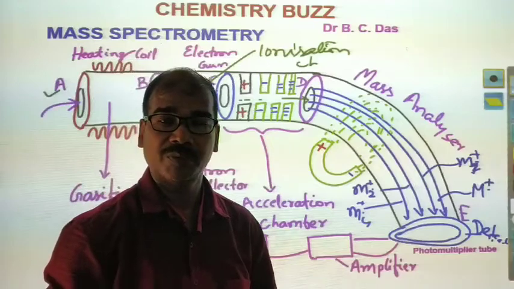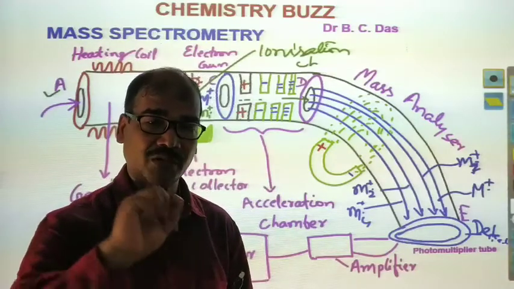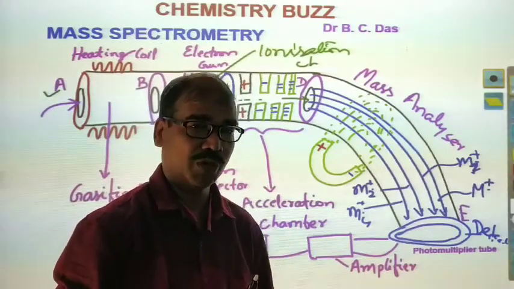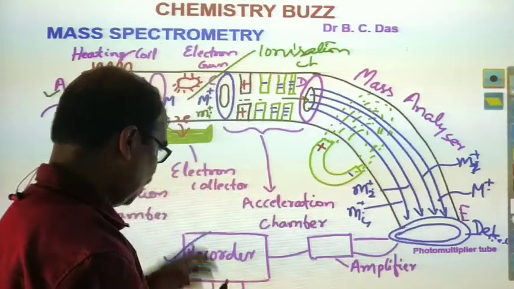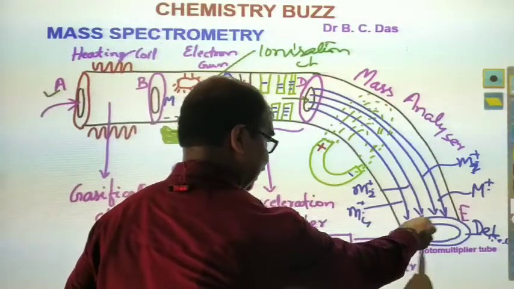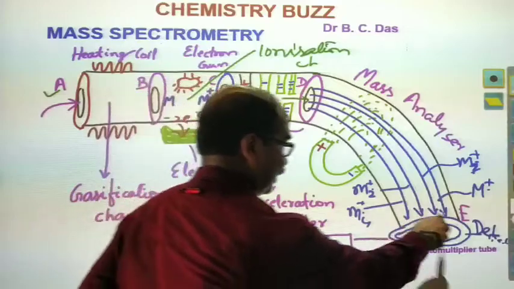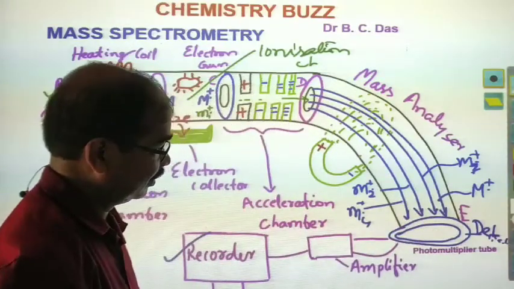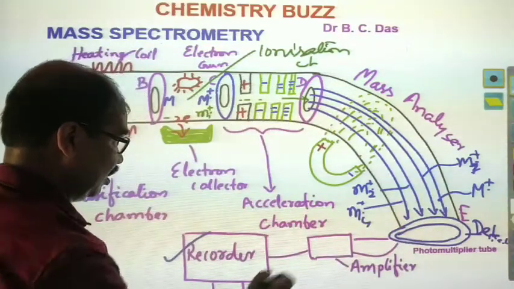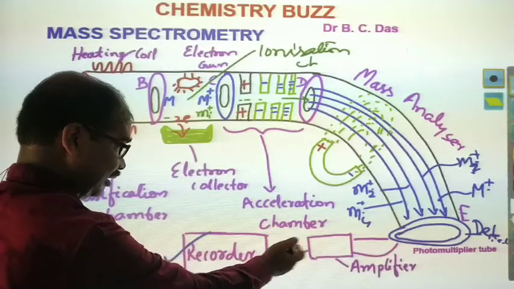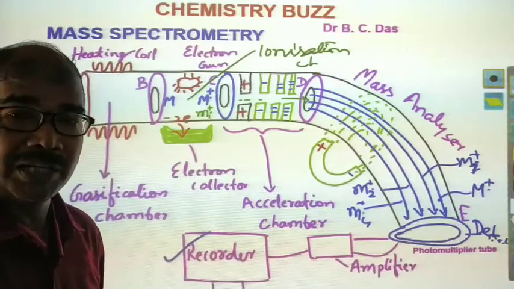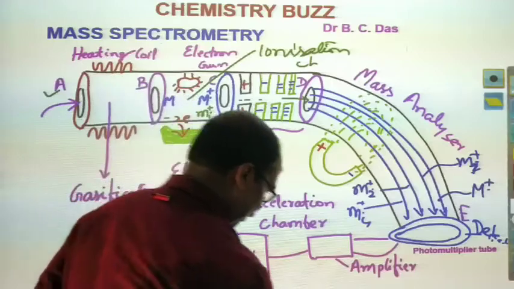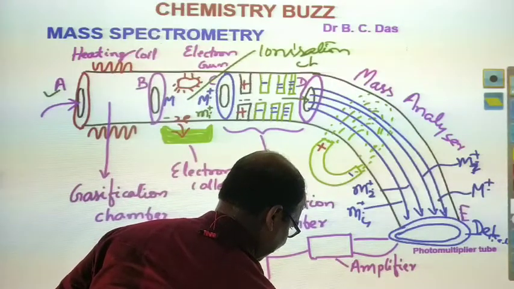The molecular ion is formed when one electron is removed from the molecule. So how is this data collected by the detector and subsequently displayed in the form of a graph? Let us see that.